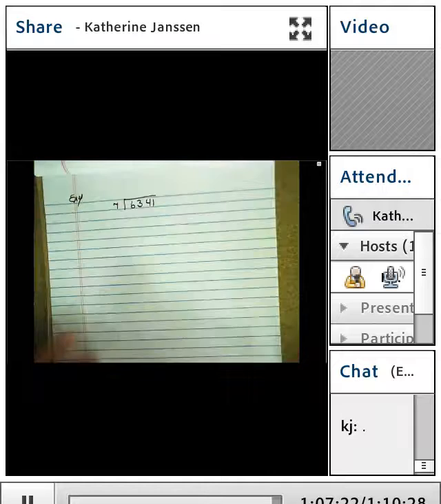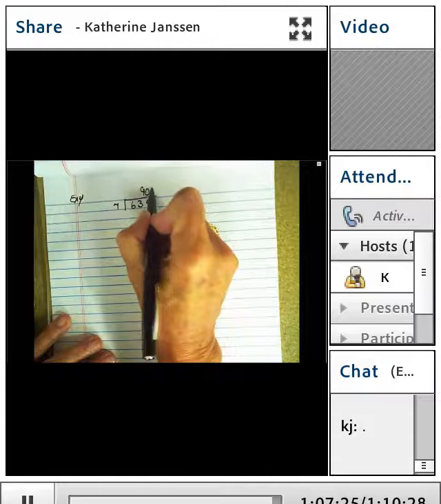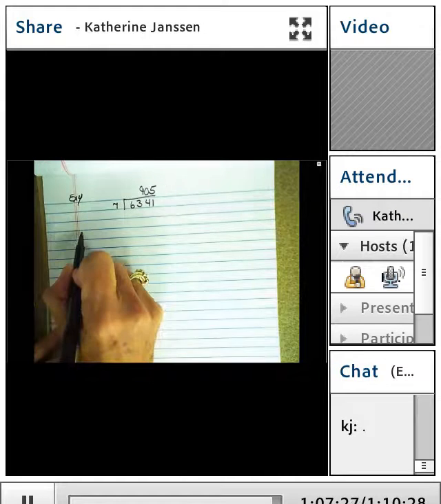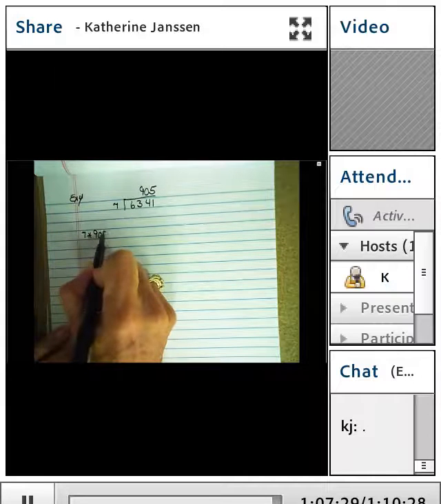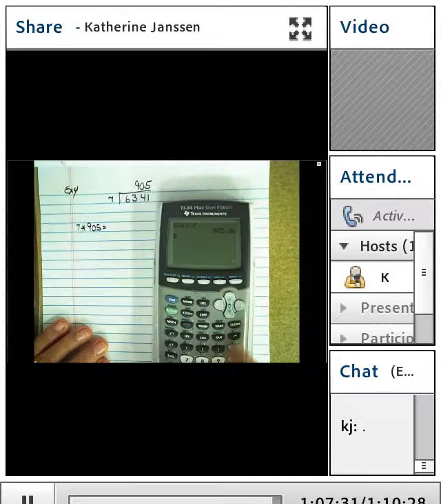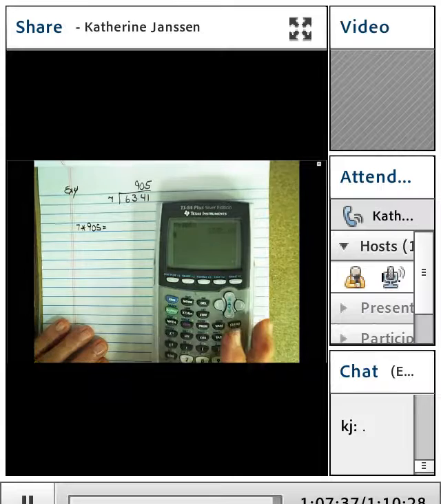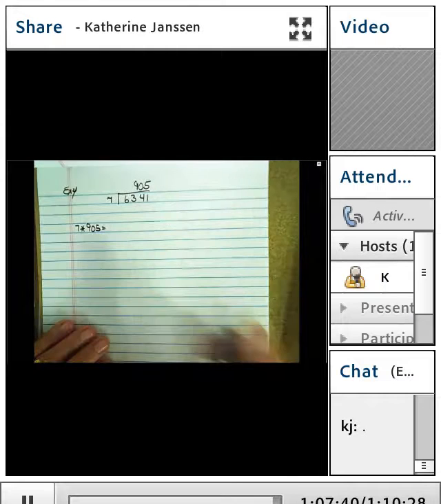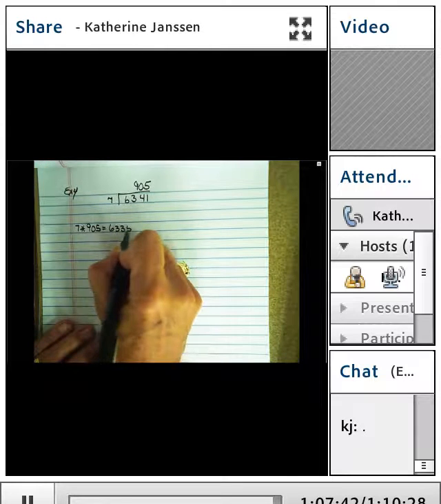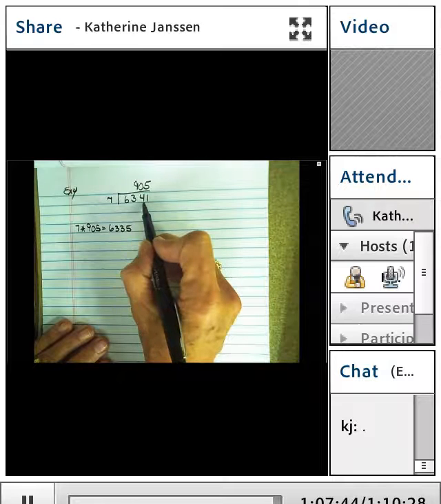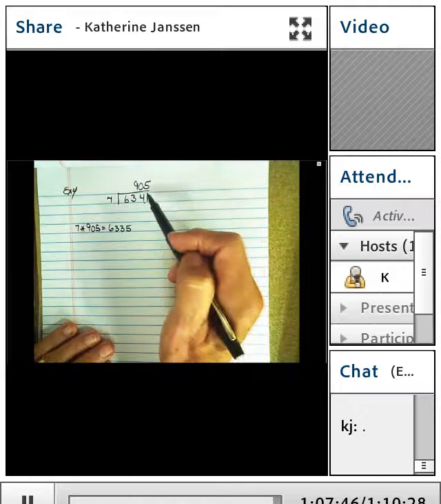So I know I have 905. So 7 times 905, my whole number, on my calculator, 7 times 905 is 6,335, which is close to my dividend, but not quite, because I know there's plus a little bit.